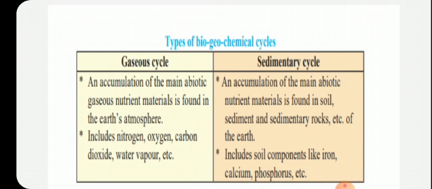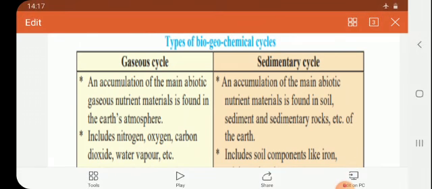For example, if carbon dioxide has accumulated in an area, it is quickly dispersed with the wind or it can be absorbed by the plant. Means it is not taking a longer time. That's why we can say that it is a fast process. Only some climatic changes or human activities can affect their speed and some other factors like equilibrium of the cycle. Otherwise, gaseous cycle is the faster one.